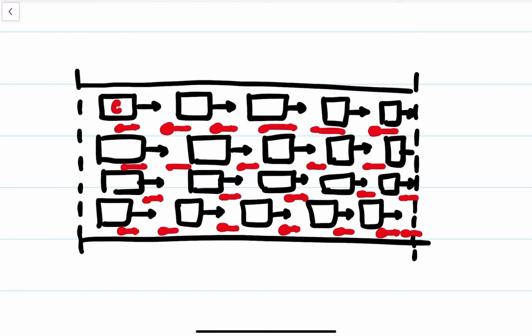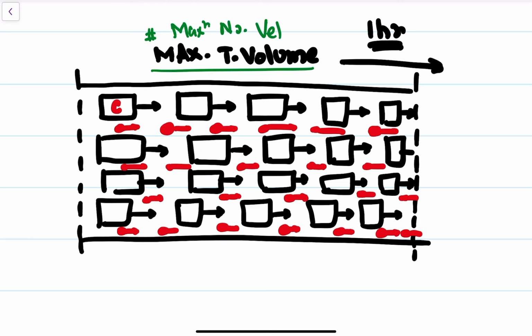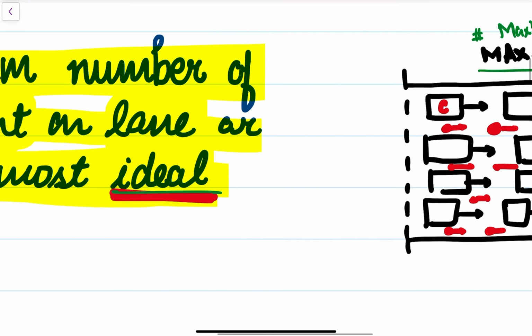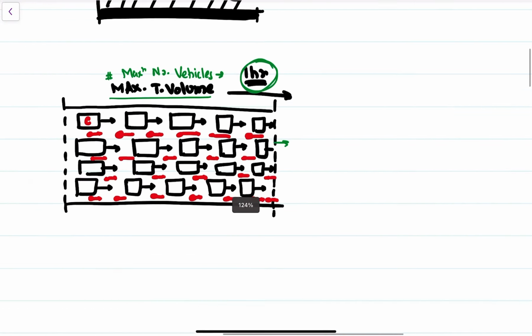So in that scenario, when everything is in our favor, what is the maximum traffic volume that can pass this study section in the unit time? Let's say the unit time here is 1 hour. So the maximum number of vehicles that can pass the study section in the unit time under the most ideal scenario, that is, everything is in our favor.